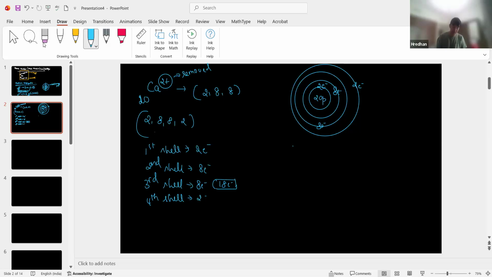Wait just one second. I'll write these down. Third shell can accommodate a maximum of 8 electrons. You write 8 electrons, but actually it is 18.